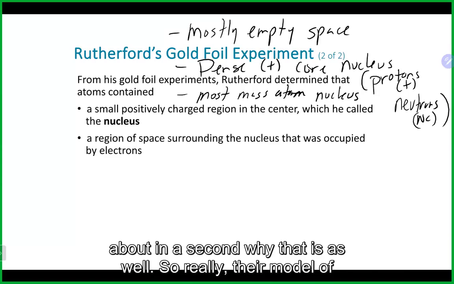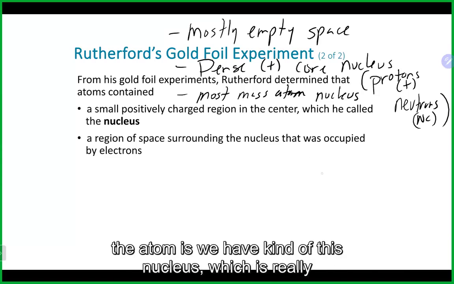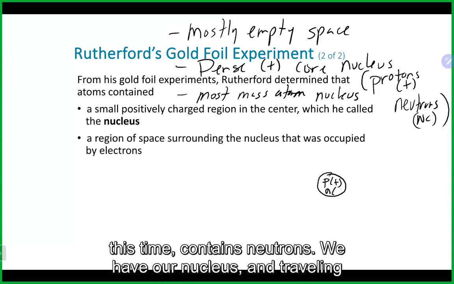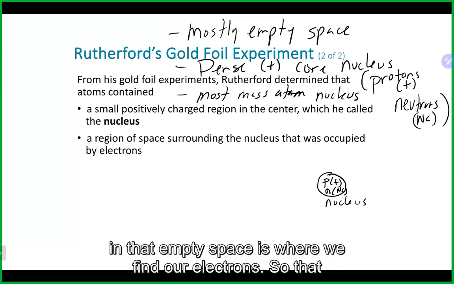So really their model of the atom is this nucleus, which is positively charged, contains protons, and later, not at this time, neutrons. We have our nucleus, and traveling in that empty space is where we find our electrons.